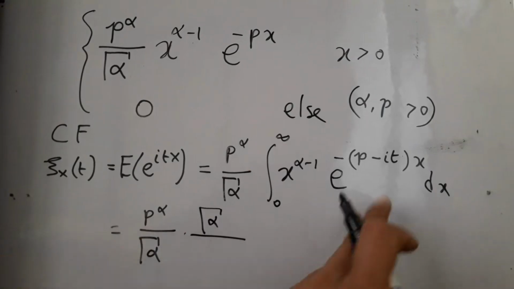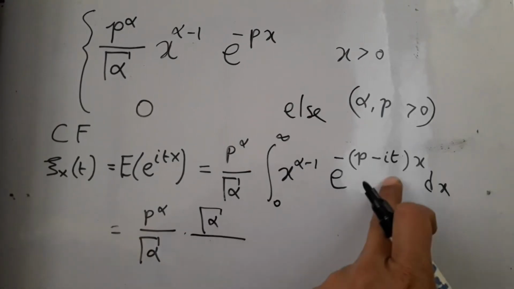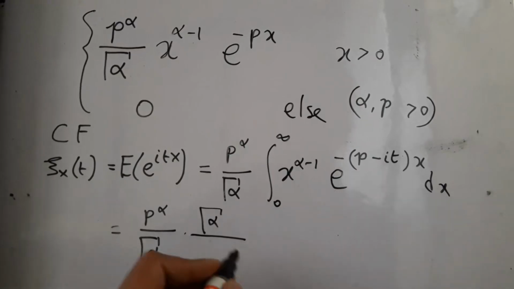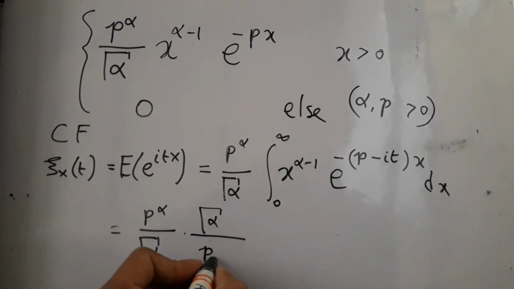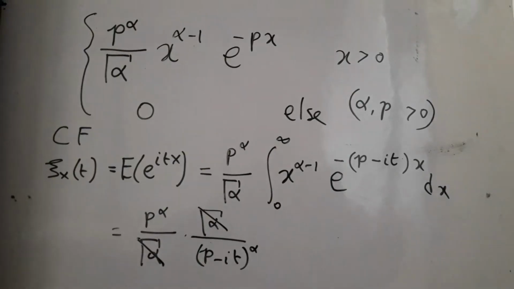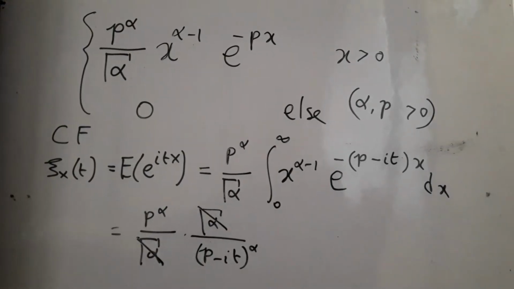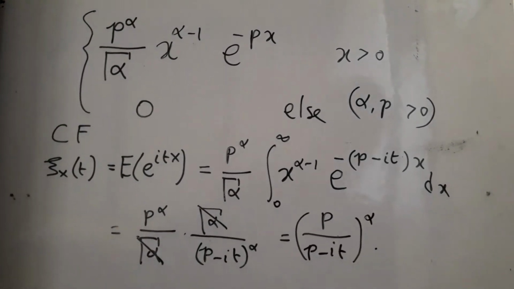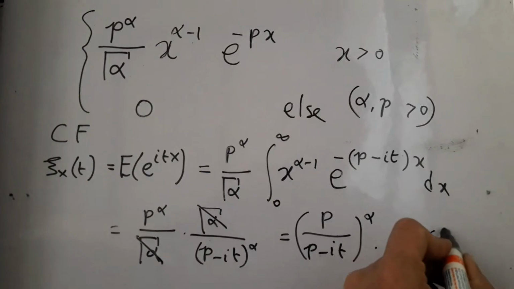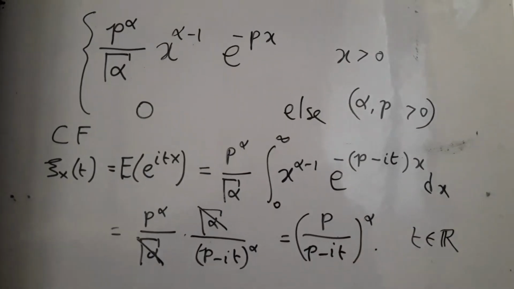The role of the rate, instead of p, is now played by p minus it, so p minus it whole to the power alpha. These two things nicely cancel each other off, leaving us with p divided by p minus it whole to the power alpha. And remember, when we work with the characteristic function, t may be any real number.